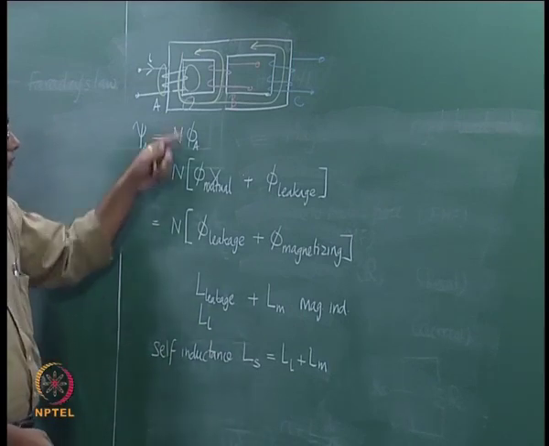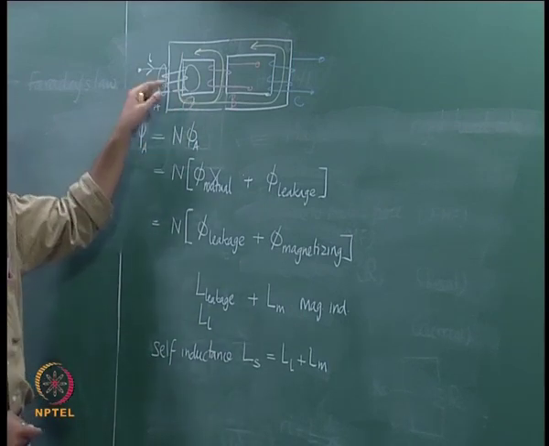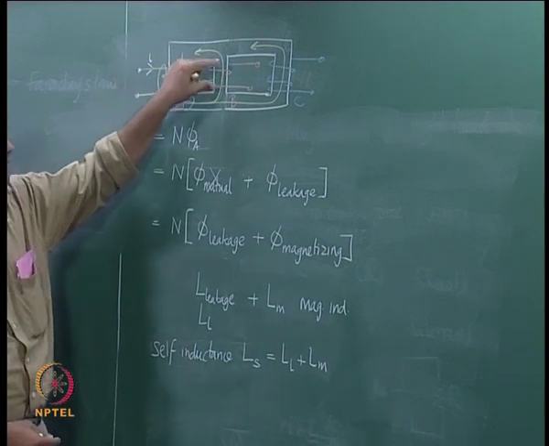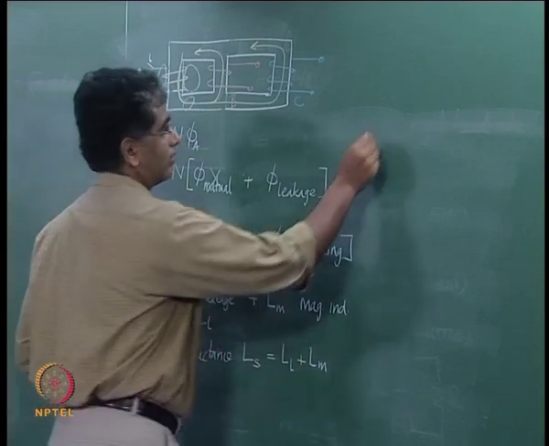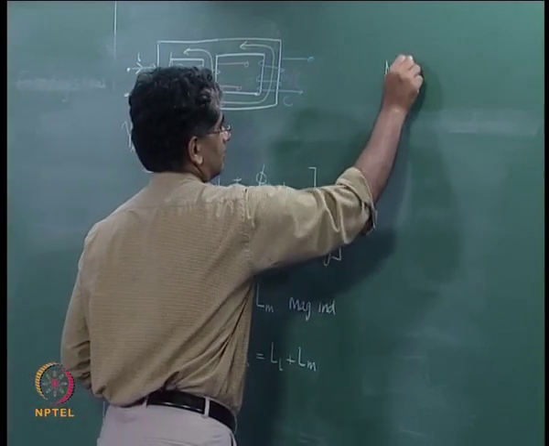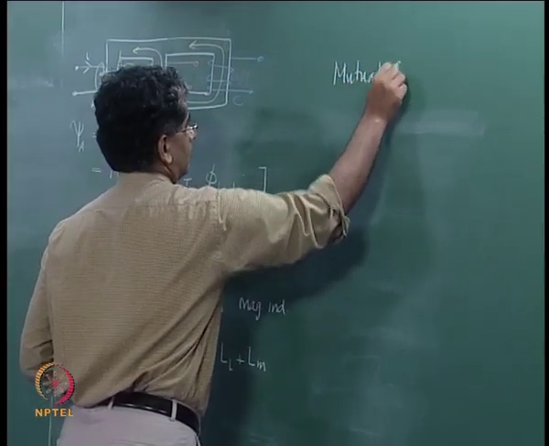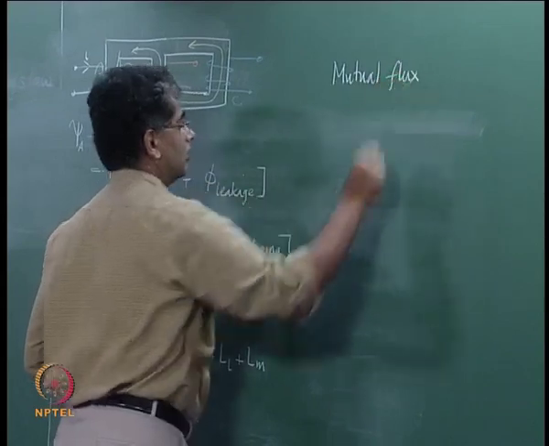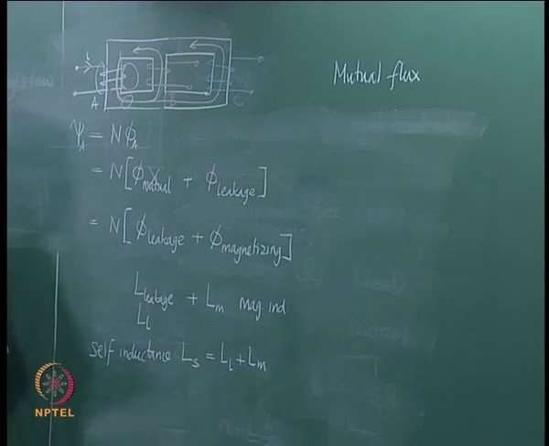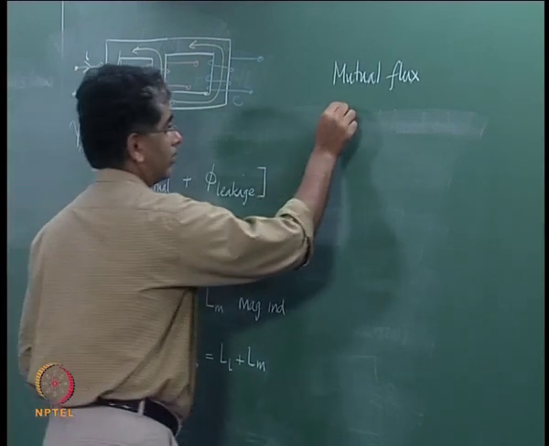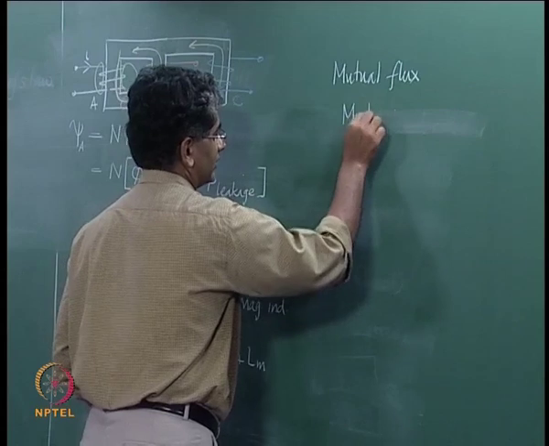Now if you are referring to flux that links coil A and specifically coil B, then such flux is called mutual flux, and therefore the effect of mutual flux on the electrical circuit is brought out as a mutual inductance.